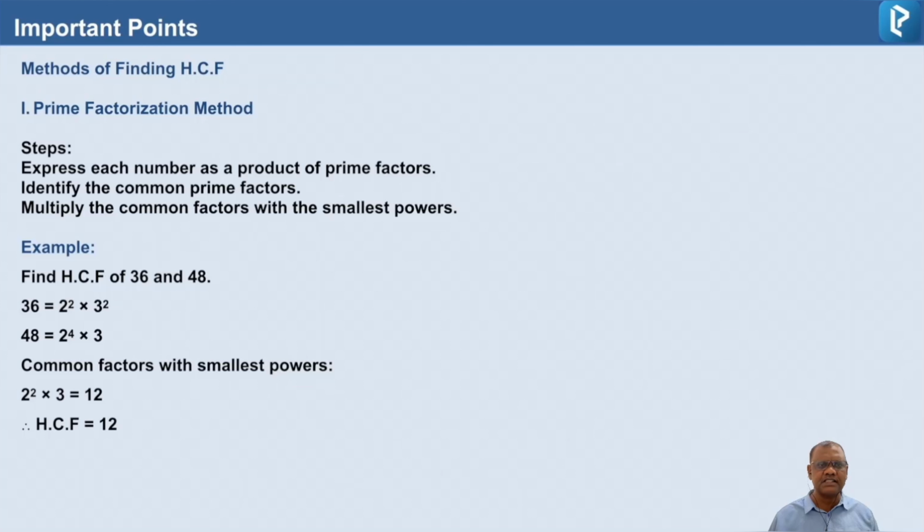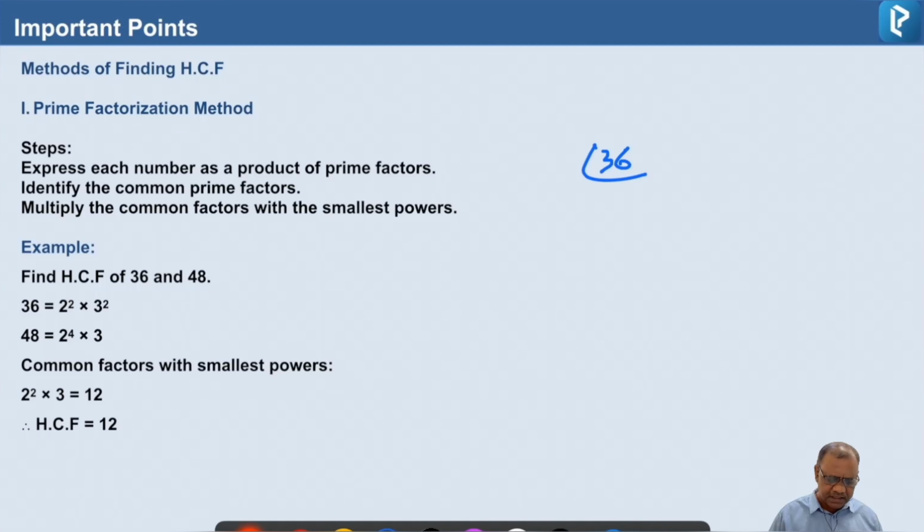So let us see an example here. HCF of 36 and 48. So what is the prime factorization of 36? It is 2 square into 3 square. So how do we find the prime factorization? 36 is divisible by 2, 18 times, and then again divisible by 2, 9 times, divisible by 3, 3 times.